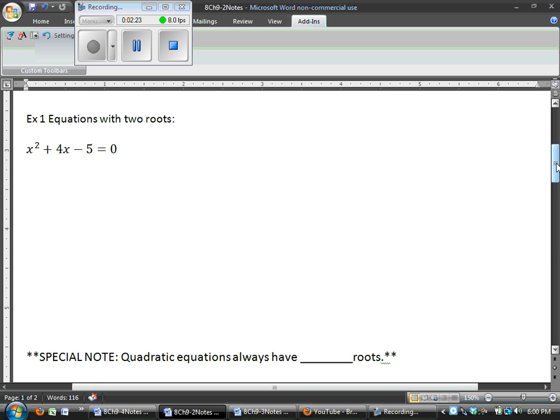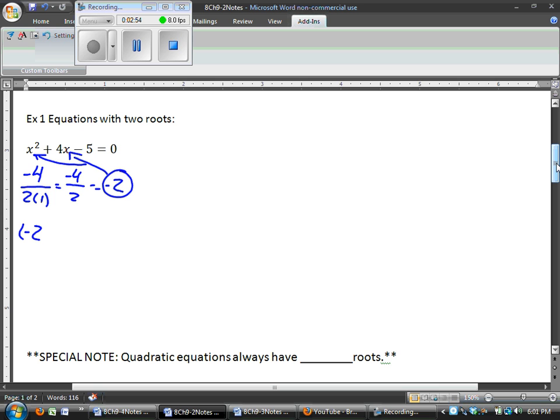We can take the shortcut to graph this. Hopefully you took the time to learn how to do that, because it's going to save you a lot of time and energy here. We're going to use the opposite of b over 2a to find the middle of this quadratic equation. So negative 4 over 2. The x value for the vertex is negative 2. Then we take that and plug it in for x to figure out our y coordinate for the vertex.